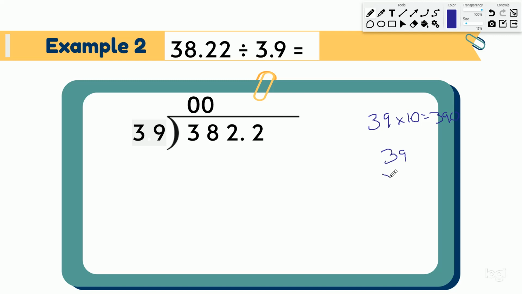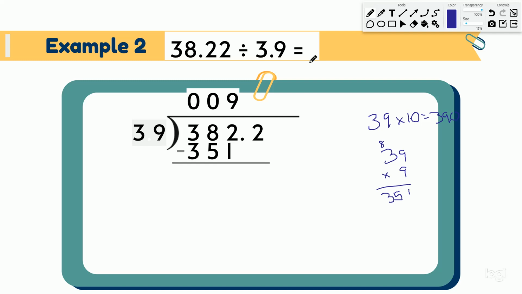So 39 times 9. 9 times 9 is 81. 9 times 3 is 27. Plus 8 is 35. And 351 is not bigger than 382, so that means that I could put it in my answer. And we know 39 times 9 equals 351 because we just solved it.